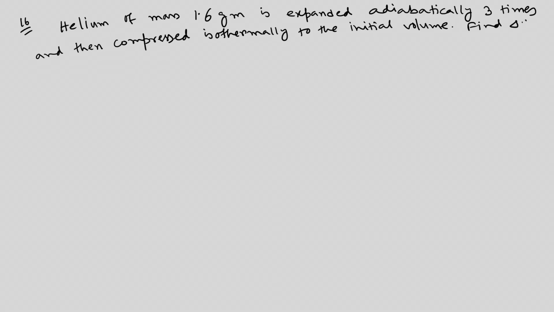Find delta S for the process. So, this problem says helium of mass 1.6 gram is expanded adiabatically 3 times and then compressed isothermally to the initial volume, and you need to calculate entropy change for this process.